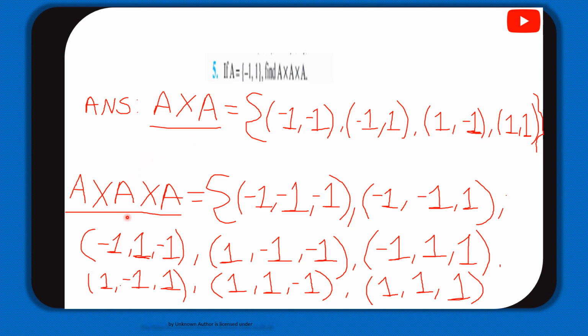Now, A multiplied by A multiplied by A represents the Cartesian product of A multiplied by A with A. So that represents the Cartesian product of (A multiplied by A) with A. So (-1, -1, -1), (-1, -1, 1), (-1, 1, -1), (-1, 1, 1), (1, -1, -1), (1, -1, 1), (1, 1, -1), (1, 1, 1).